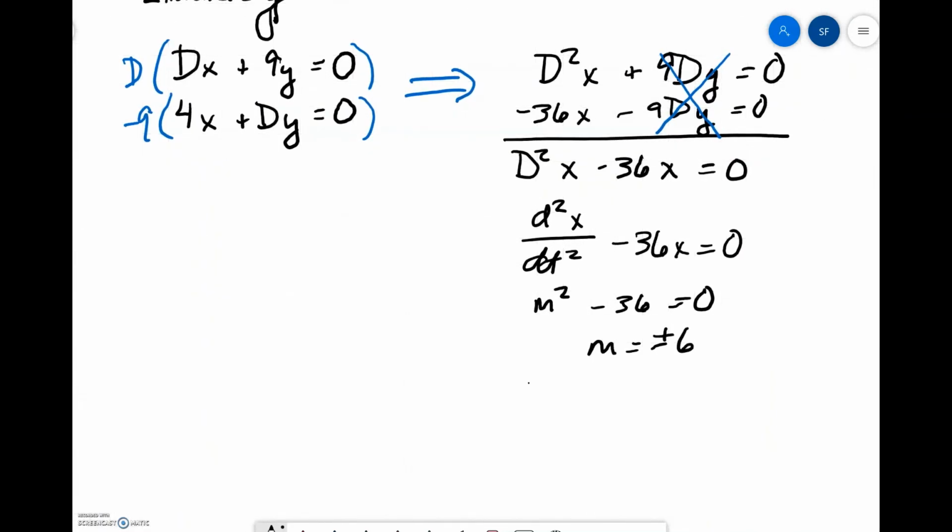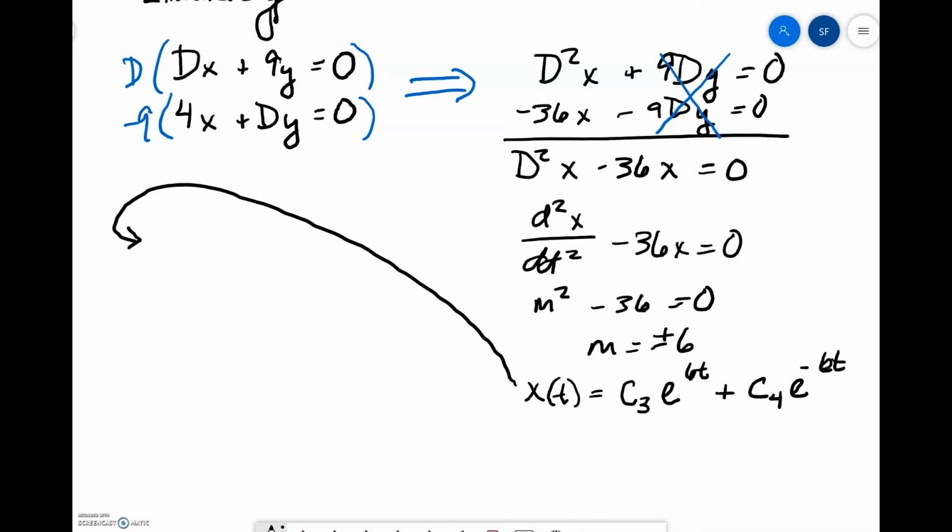So it looks like our x equation in terms of t is also going to be c3 e to the 6t plus c4 e to the negative 6t. But wait, 4 arbitrary constants? That doesn't make sense, because some of those arbitrary constants are related to the other arbitrary constants.